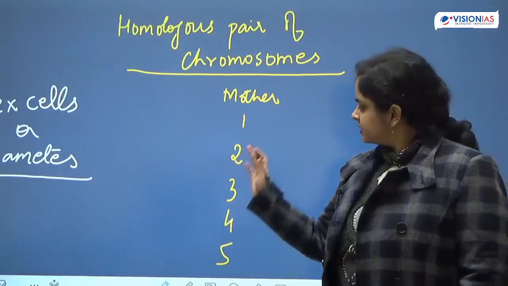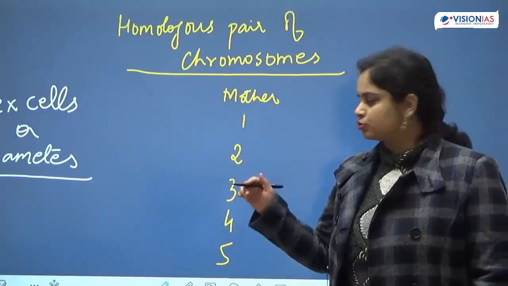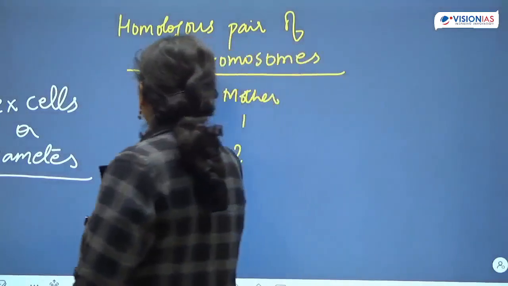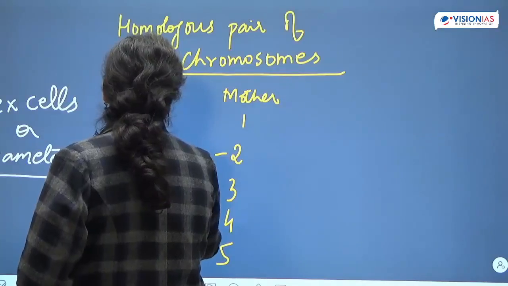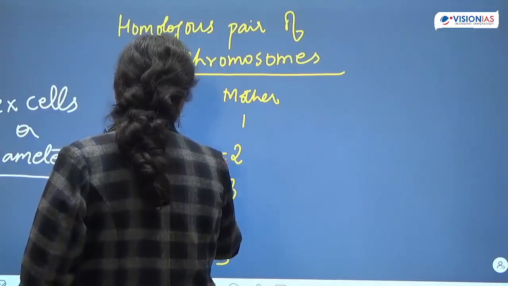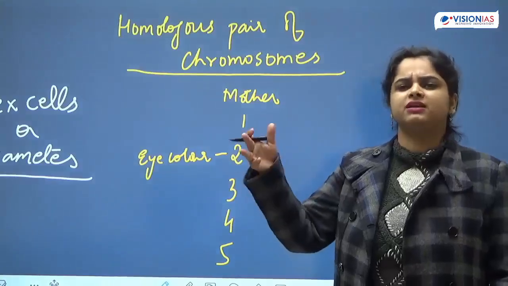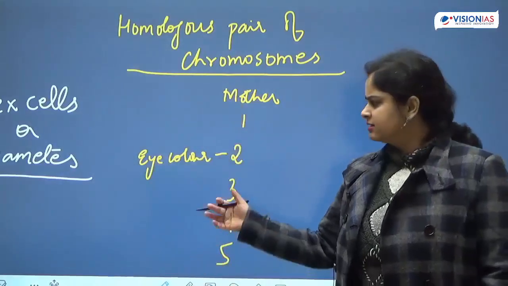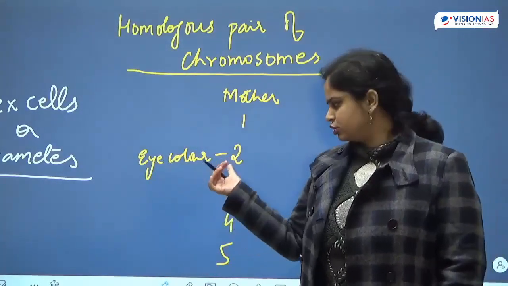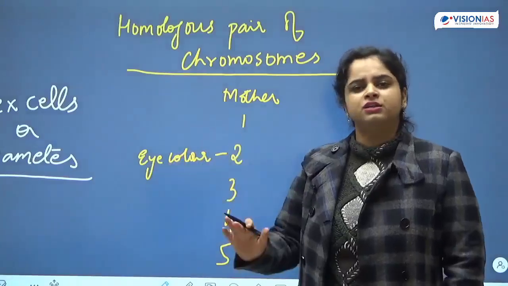Suppose this chromosome number 2 contains a gene for eye color. Of course, a chromosome has a lot of DNA, so it can have hundreds of genes. This is just one gene I have mentioned.